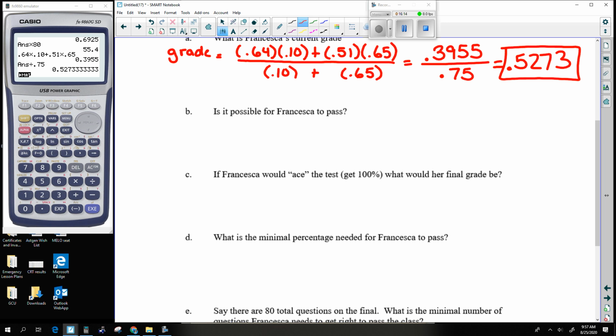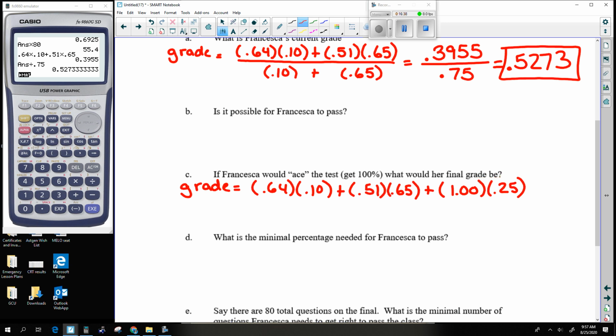So for her to pass, getting a 100%. So her grade, okay, we're going to give her the best case scenario. So we have the homeworks, the tests, and now the final, in which she's going to have a 100% on something that is worth 25% of the grade. So divide by just the weights.